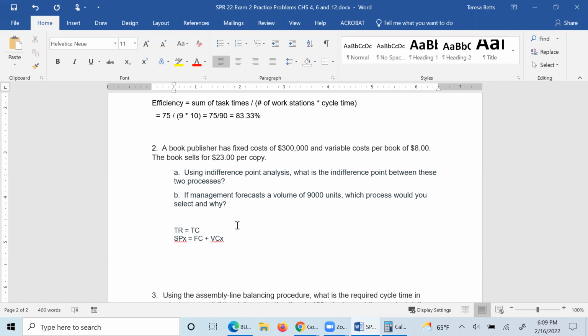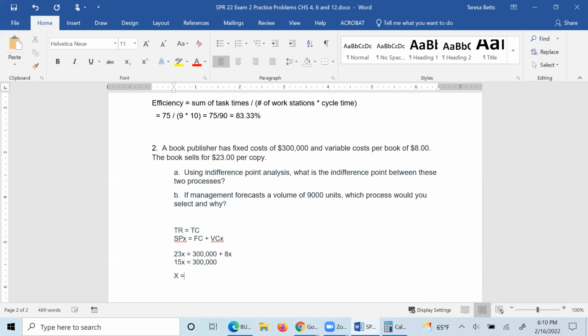So the book sells for $23 a book. So that's 23X is equal to 300,000 in fixed costs plus $8 of variable cost. Okay, so then to solve for that, 23 minus 8 is 15X is equal to 300,000.